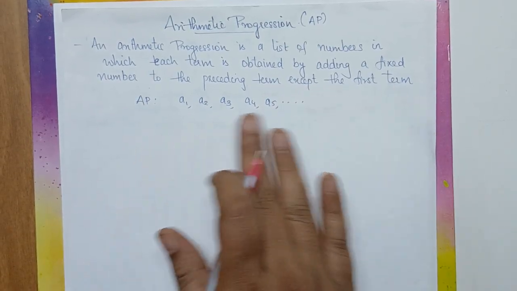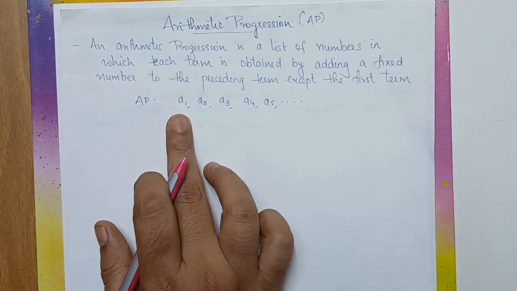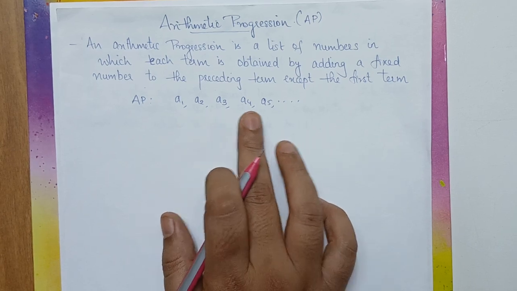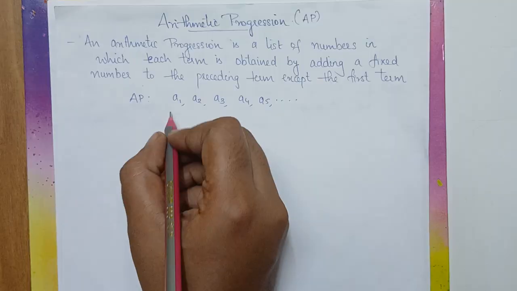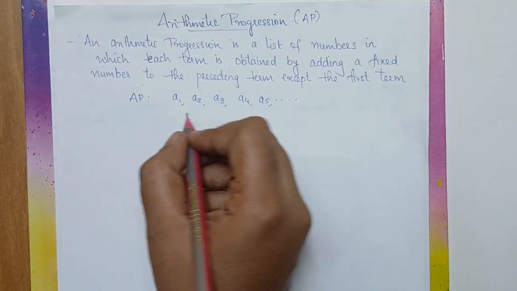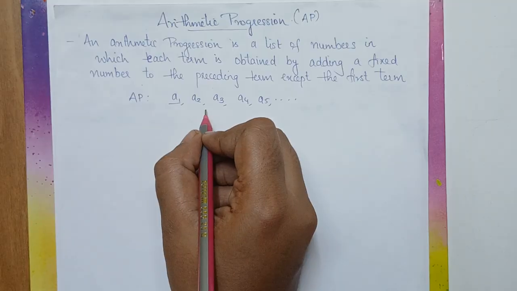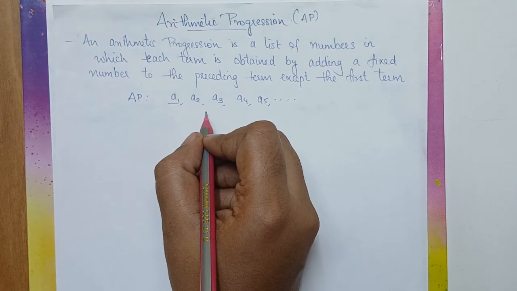So this is my AP. Here A1 is the first term, A2 is the second term, A3 is the third, A4 is the fourth, and A5 is the fifth term. According to the definition, except the first term, all the other terms are obtained by adding a fixed number to the preceding term.